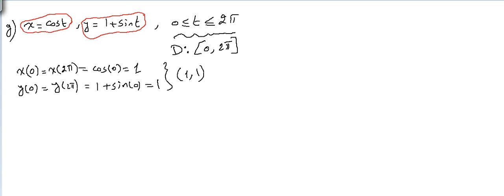Then we do the derivative, right? What is the derivative? Derivative is y prime, and y prime is equal to y dot over x dot. What is that? Let's do it here. dy over dt is the y dot, because it's the derivative of y with respect to the parameter t, and it equals, by chain rule, dy over dx times dx over dt.